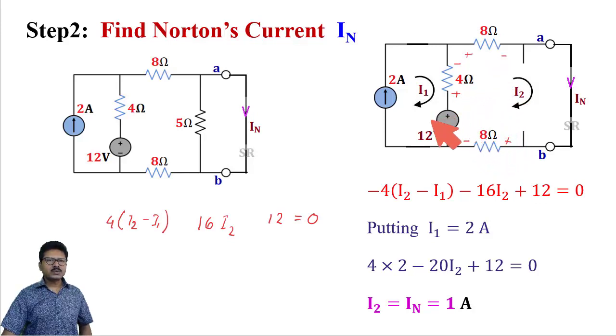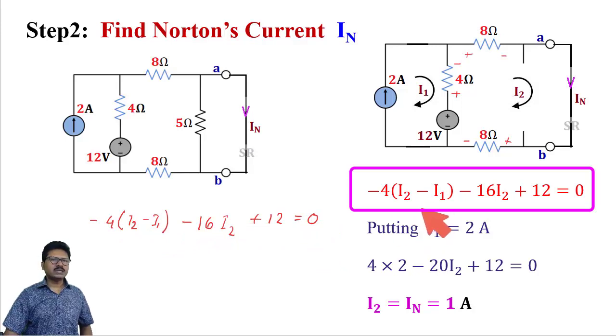So if we consider 12 volt is positive, then all other three potentials are negative. So we may put plus or minus signs like this: 12 is positive, 16 I2 is negative, 4 into I2 minus I1 is negative. So this is the equation.